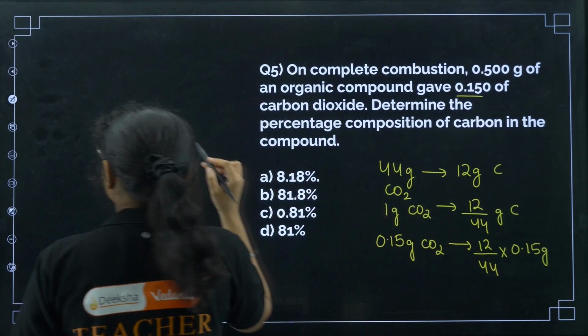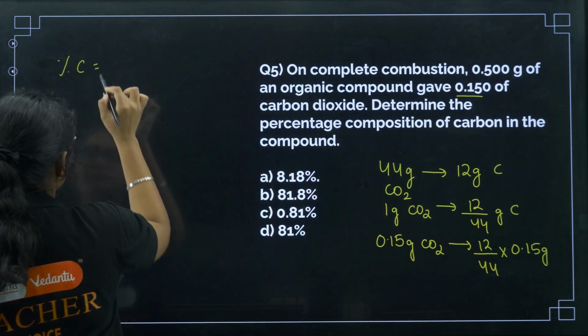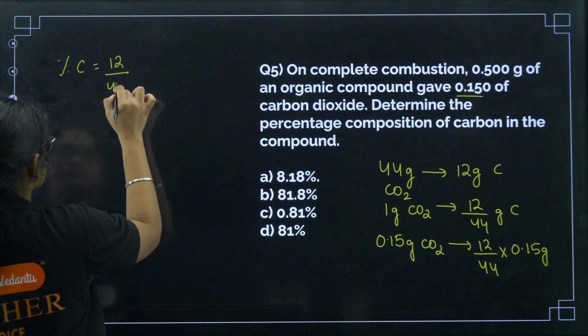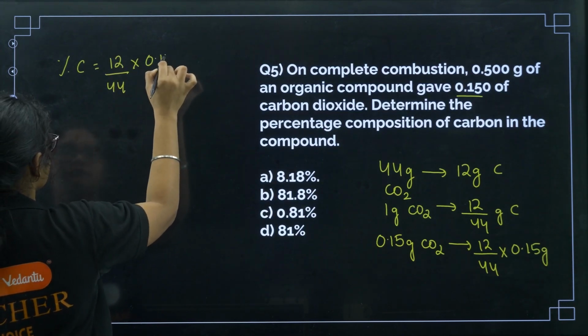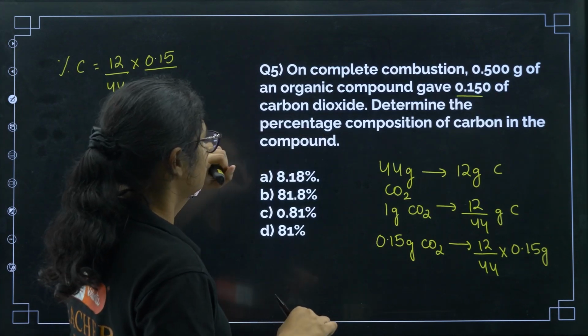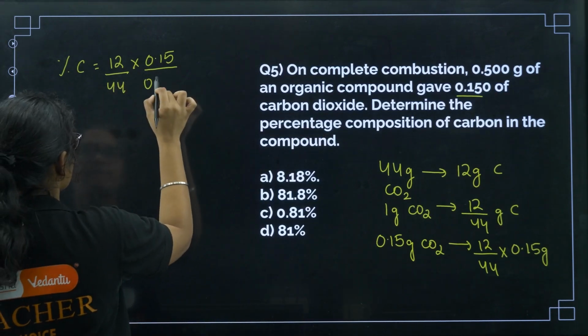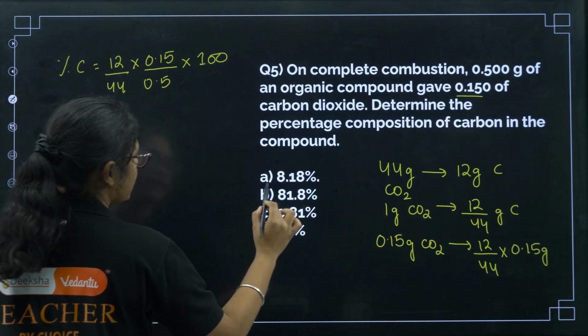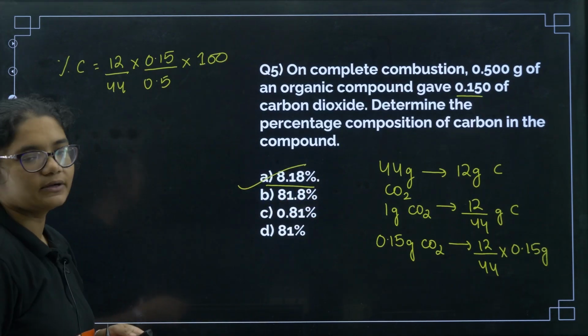Now if I want to calculate the percentage of carbon, it will be 12 by 44 into 0.15 divided by 0.5, into 100. Now if I solve this, you will get 8.18, that is option number A.